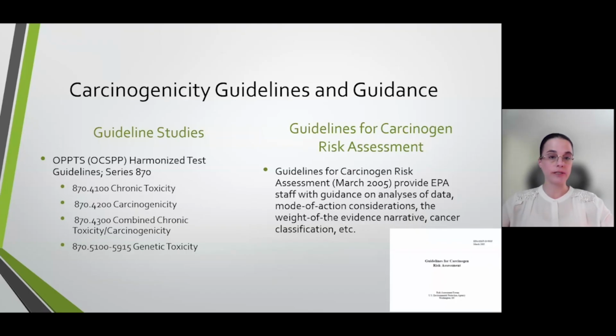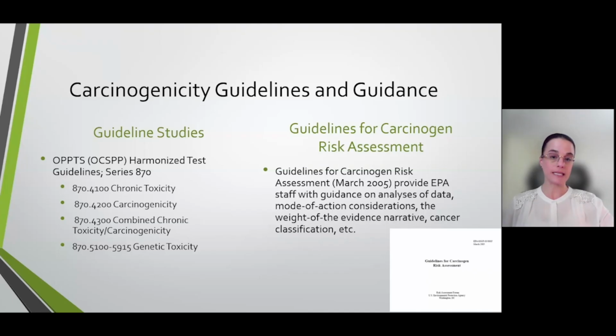So specific to carcinogenicity testing, on the left-hand side of the slide are guideline studies that we work under. These are OCSPP Series 870 studies: the 4100, 4200, and 4300. These three studies are our long-term cancer bioassays. It's typically pesticide exposure through the diet. The animals are exposed for the full term of their life.